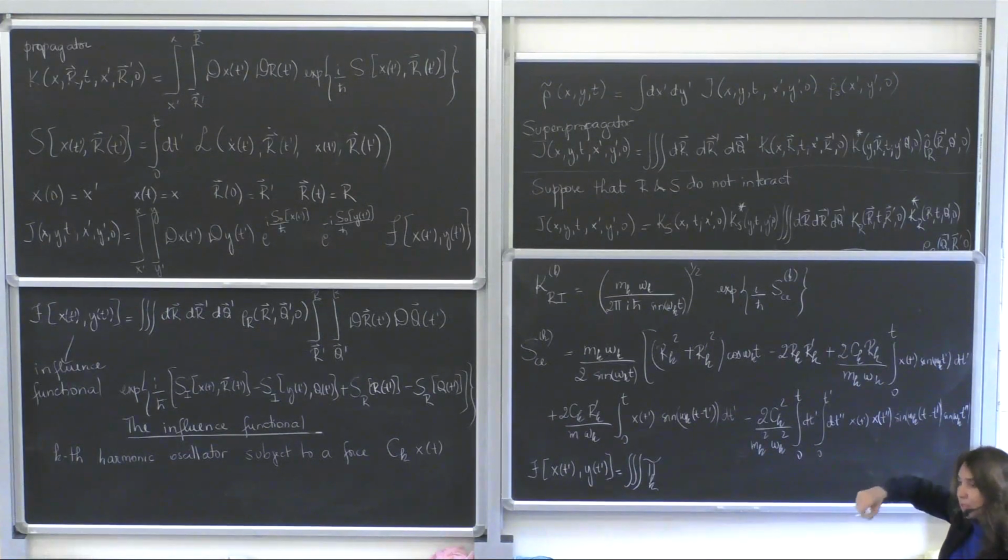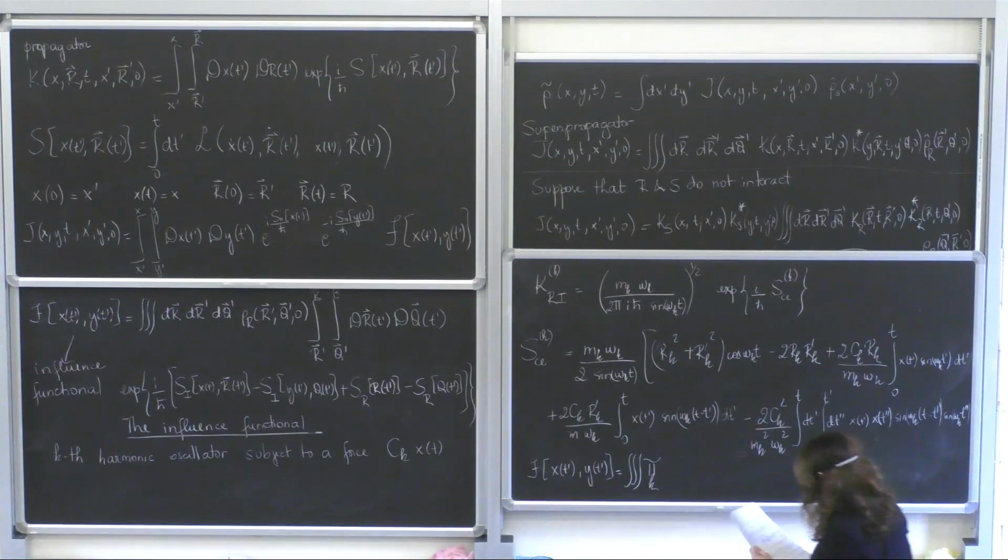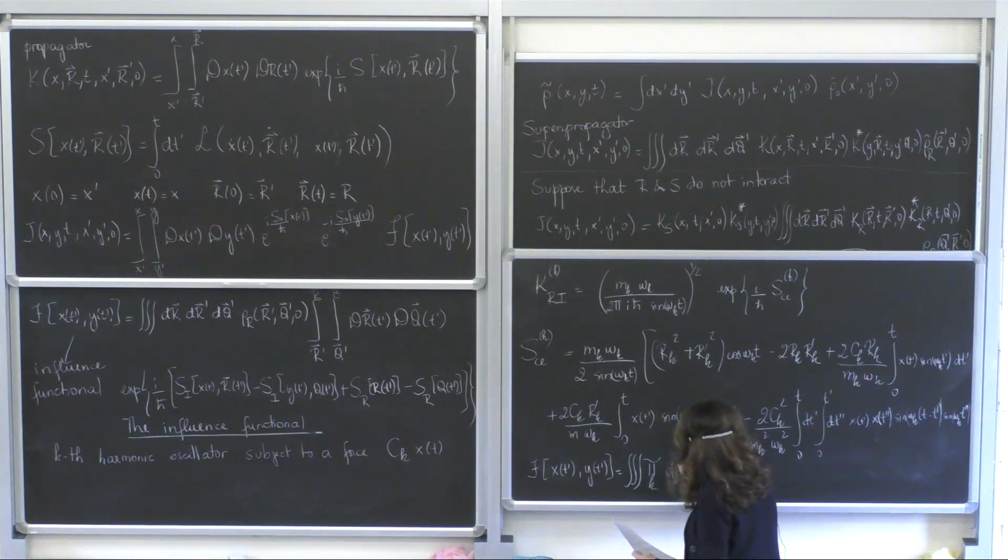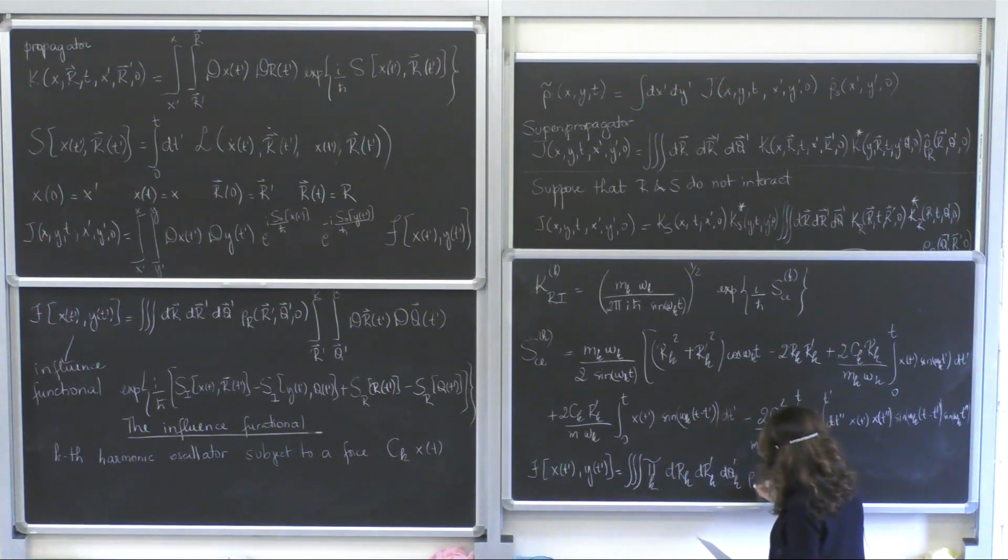But you will have an exponential for each of the k, so you can take the product of each one in dRk, dR prime k, dQ prime k, times rho R, R prime, Q prime, and 0.